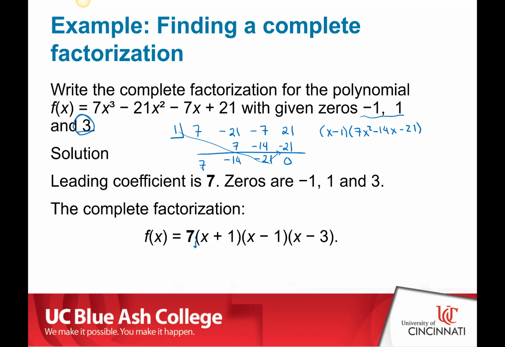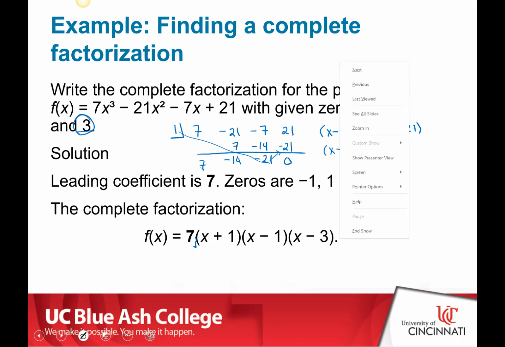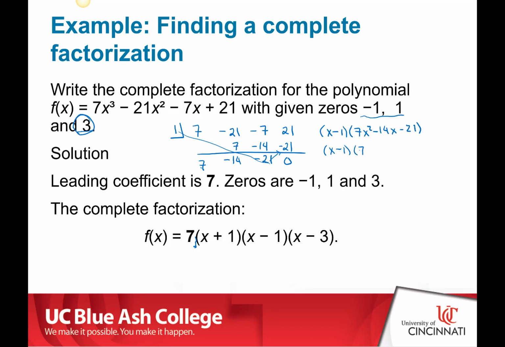Does that make sense to everybody? Now, this can be rewritten then as x minus 1 times 7 times x squared minus 2x minus 3. Does that make sense what I did there?